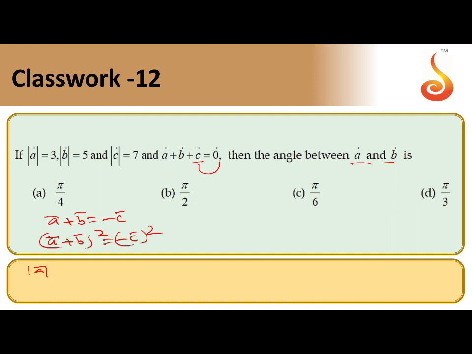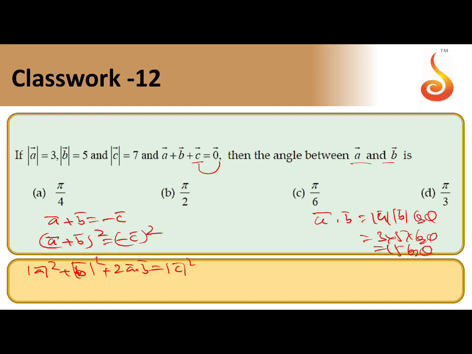So here modulus A square plus modulus B square plus 2 A dot B equal to modulus C square. Here A dot B is required. So A dot B is nothing but modulus A modulus B cos theta. So modulus A is 3 into 5 into cos theta, that is 15 cos theta. That is the A dot B value.